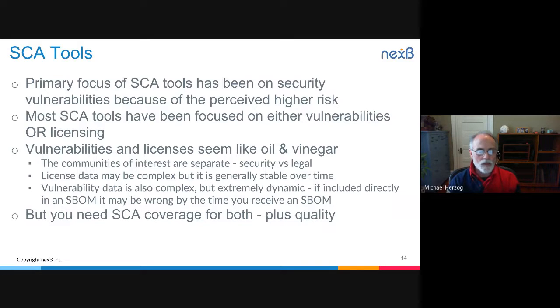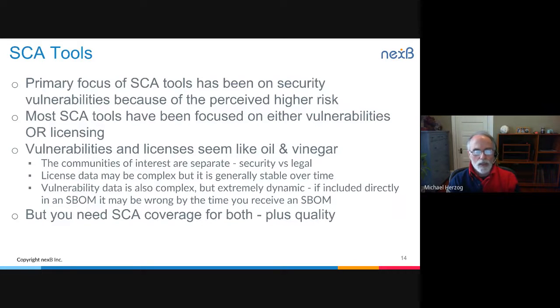The vulnerability data is also very complex. You aren't dealing with legal concepts. You're dealing with questions of, okay, this vulnerability exists in this software, but does that really affect the way I use the software, which is a very complex question. The second factor is that it's extremely dynamic.